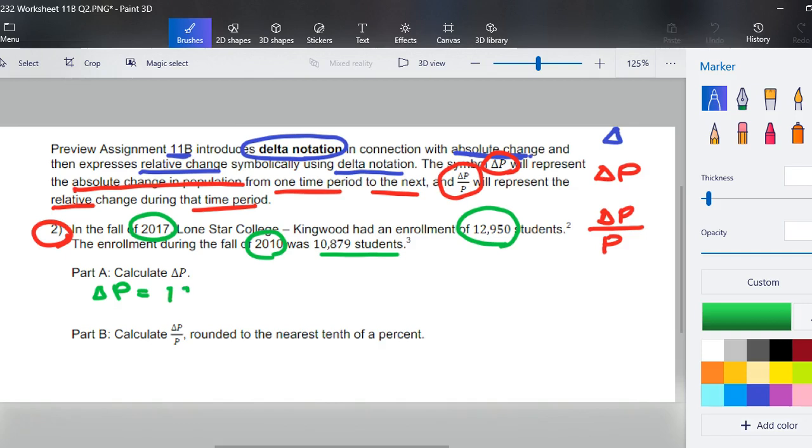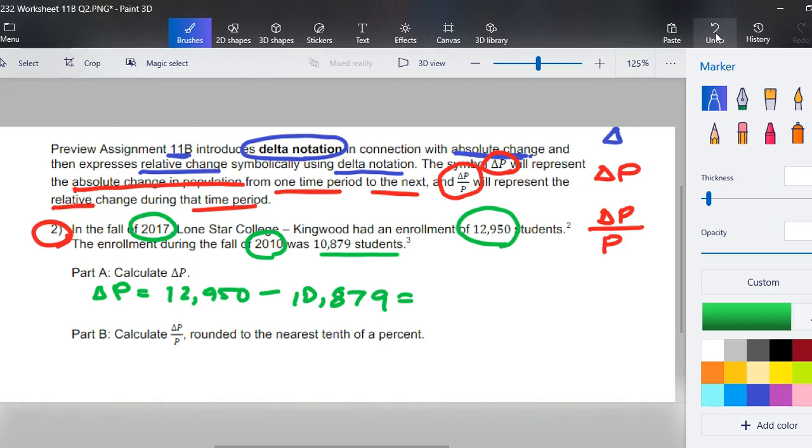So our final enrollment in this problem is 12,950. The initial enrollment being 10,879, let's start that one over. So our delta P, our change in the population, ended at 12,950.